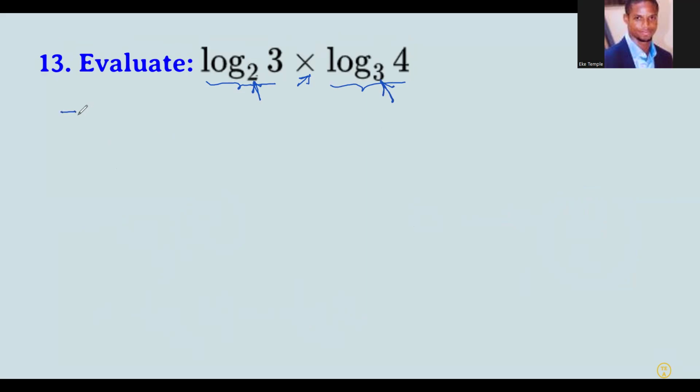This problem, log base 2 of 3 multiplied by log base 3 of 4. Now, we're going to change one base into the other. Let us change the base 3 on the right-hand side to become base 2.